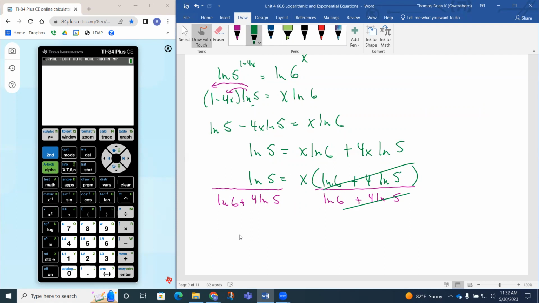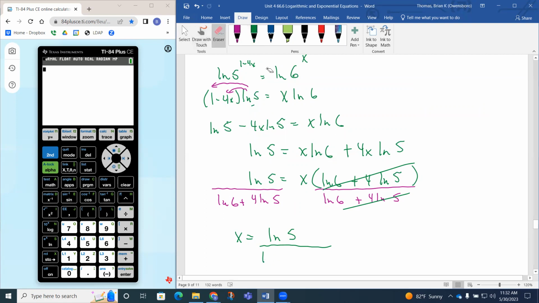So x is going to equal then the natural log of 5 divided by the natural log of 6 plus 4 natural log of 5. So that's going to be our exact answer. So that's what we'd be putting in our solution set.